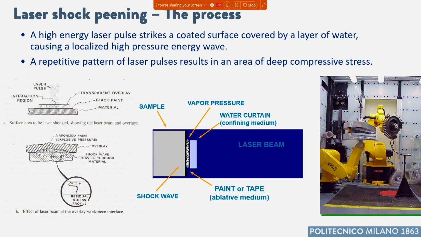This is the way laser shot peening works. We have a pulsed laser with high energy that strikes a sample, the part, that is coated by a layer of water, a water constraint. By means of the shock caused by the impact with the sample, through this protective water curtain, we have the development of vapor pressure and a pulsed shock wave.